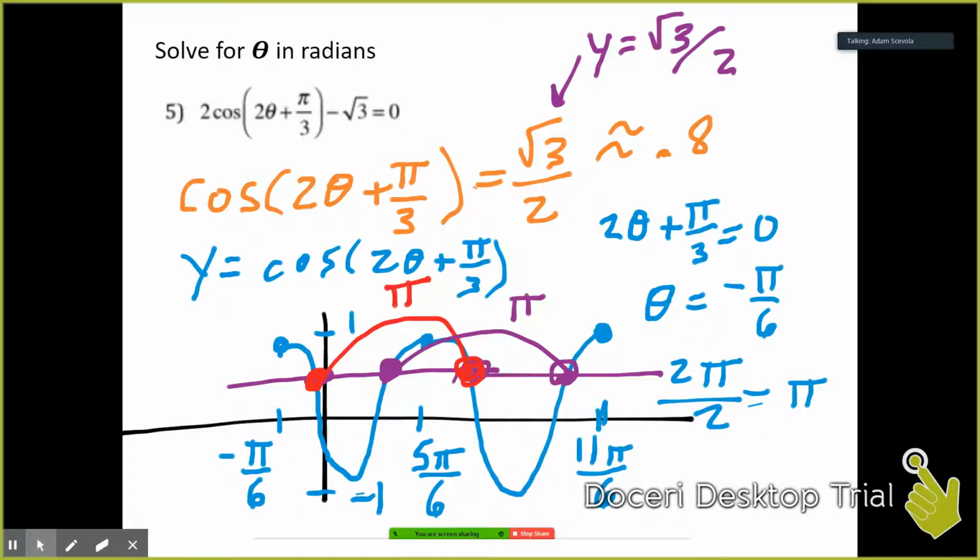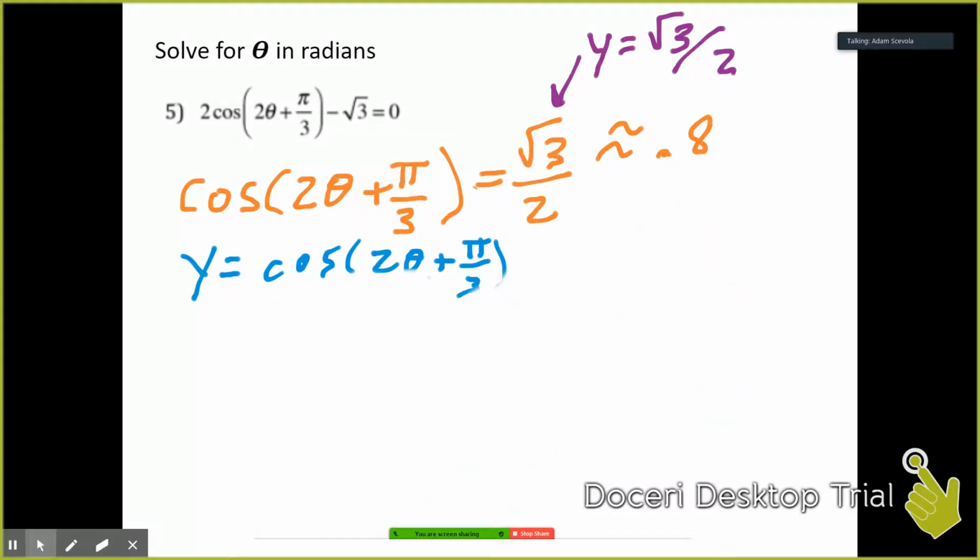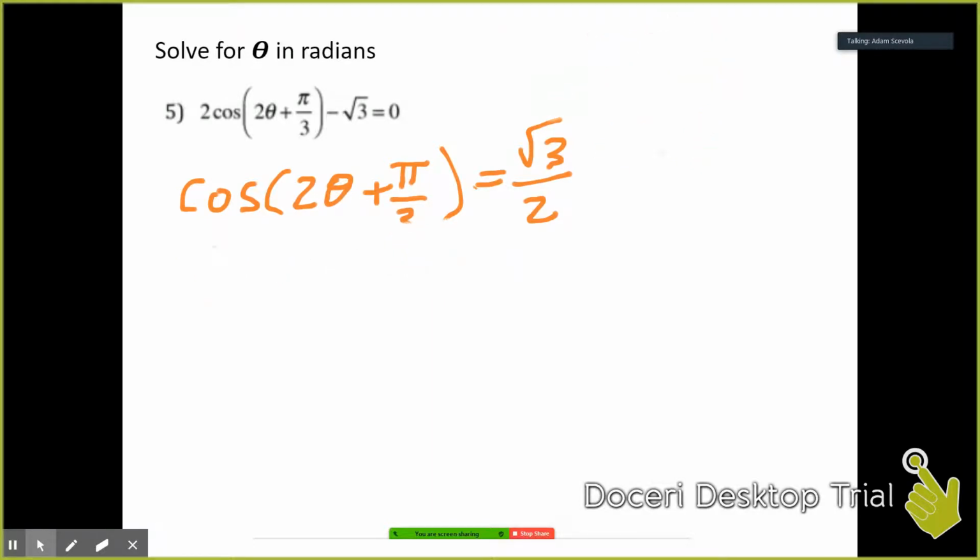So if we could find these two solutions, then we're just going to add pi times k, where k is an integer, because they repeat every period, and the period is pi. We sort of already found that earlier, when we figured out which angles you would take the cosine of to get root 3 over 2.